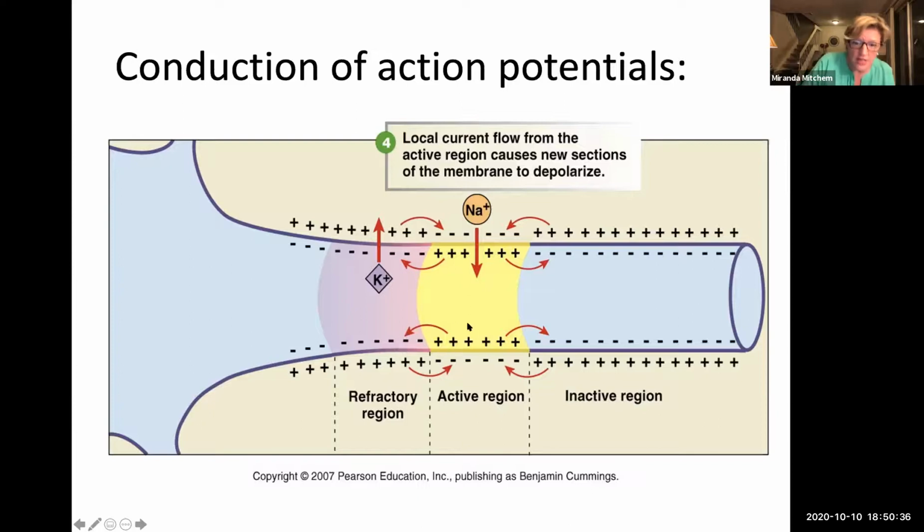As it drives it this way, it's in that refractory region where it's not able to respond or needs a stronger than normal signal to respond. So this happens as the signal moves down the length of the axon, and it makes it so that the signal flows in one direction as opposed to going back and forth in different directions at the same time, which would be very ineffective.